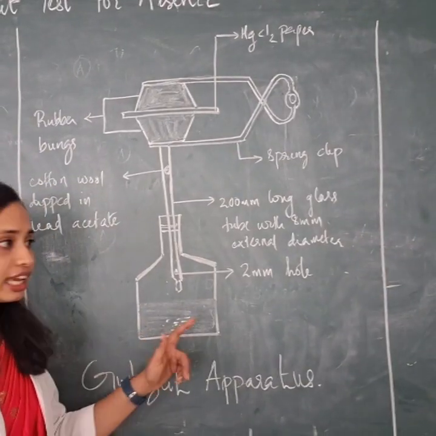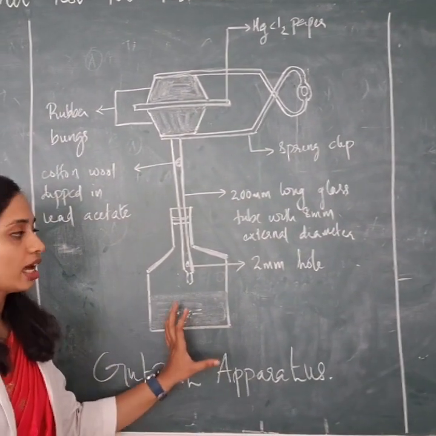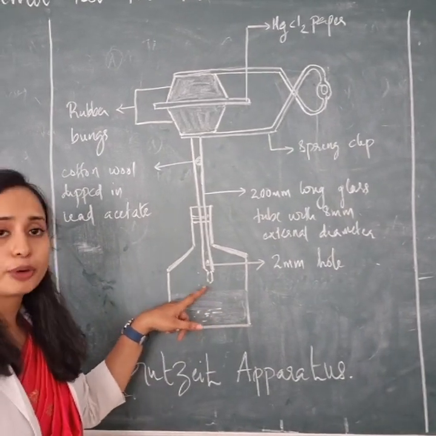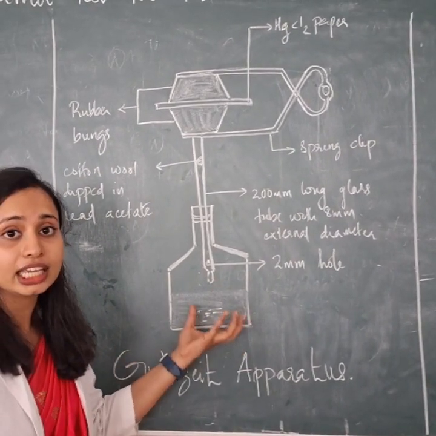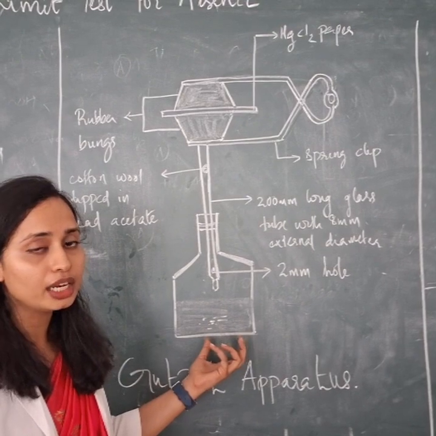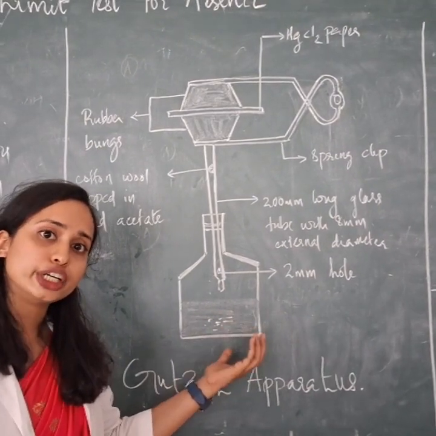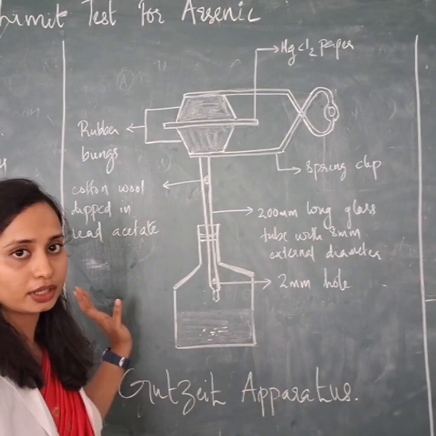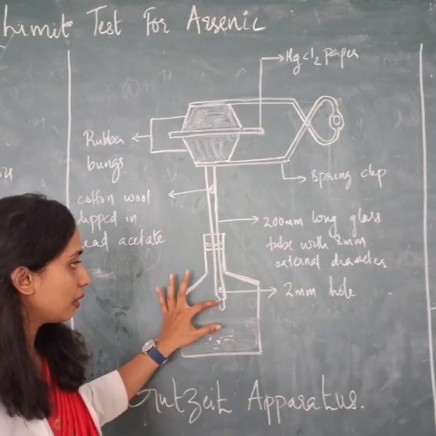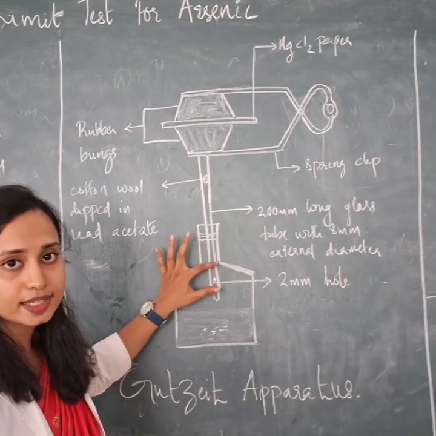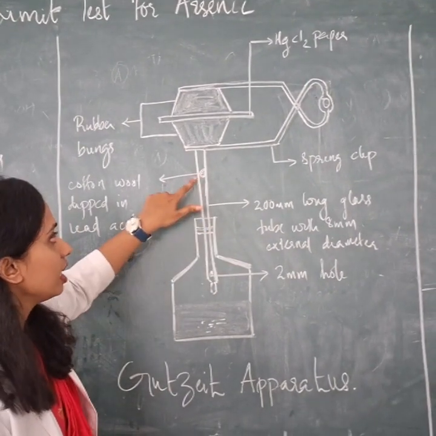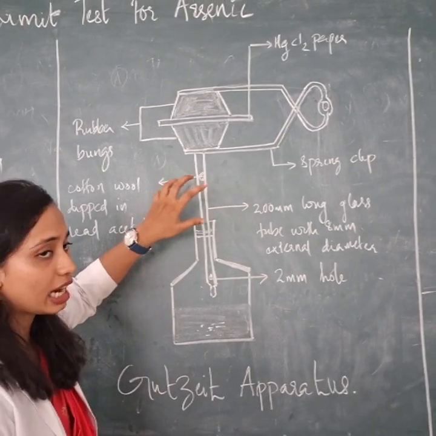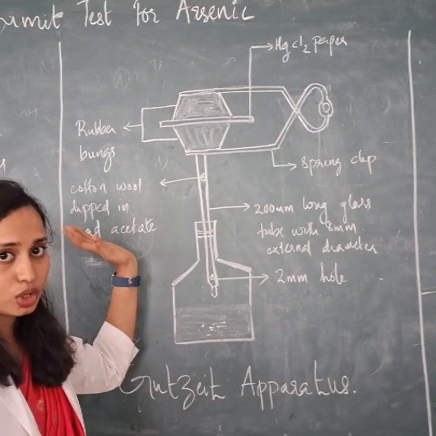In the procedure, here we are placing the contents, and if the arsenic impurity is present in the sample, the arsenic impurity will be converted to arsine gas according to the principle. And the arsine gas will pass through this hole that is present in the glass tube, and any hydrogen sulfide gas will be trapped by this lead acetate cotton wool.